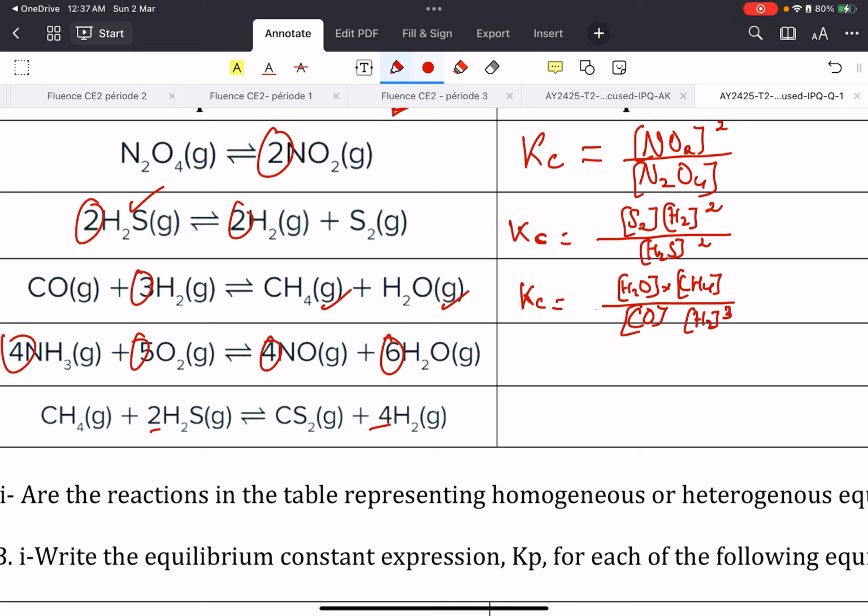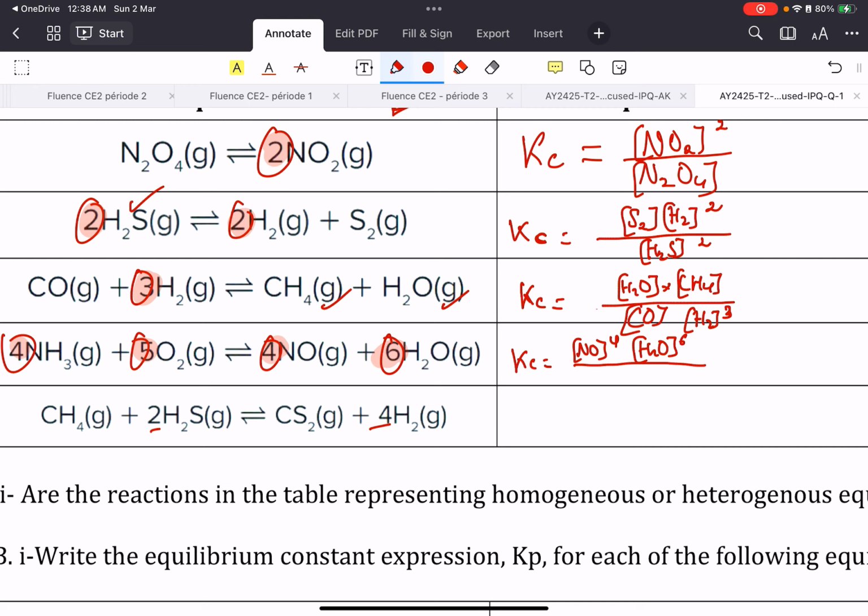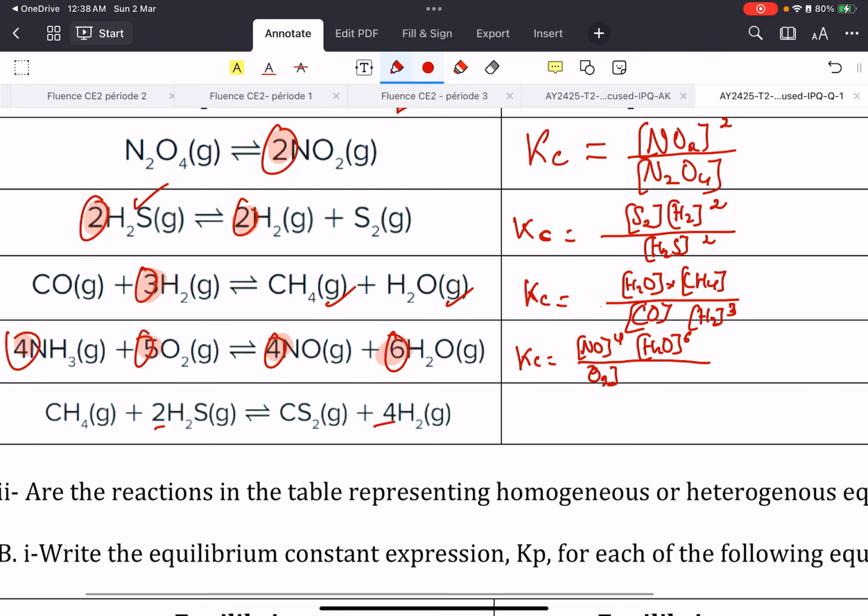Everything in brackets. The number that you see over here, I write them to the power of that number. So here Kc is equal to NO, H2O to the power of 6, O2 to the power of 5, and NH3 to the power of 4.